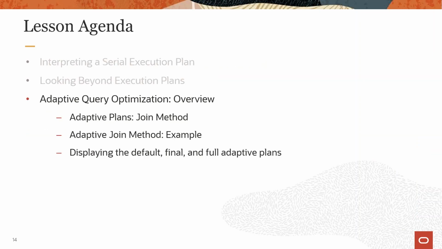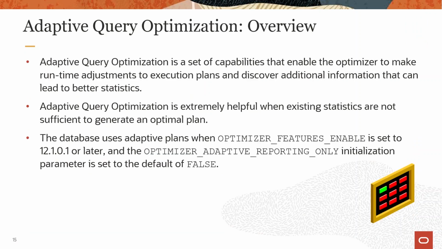Now, the last topic of this chapter is the so-called adaptive query optimization, which was introduced as of Oracle 12c. But what is adaptive query optimization? Whenever you execute an SQL statement, the optimizer first has to build an execution plan, and then with that execution plan, the statement gets executed.